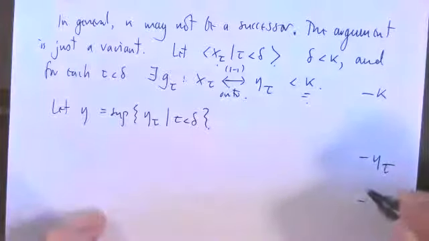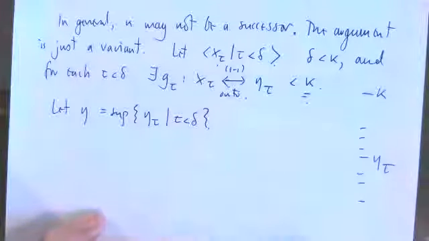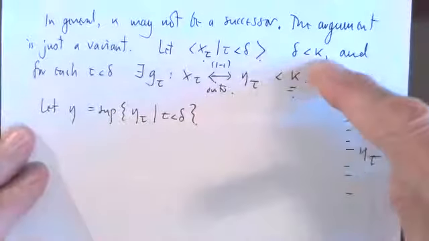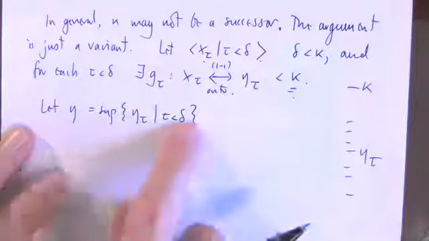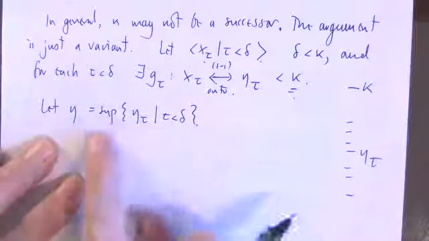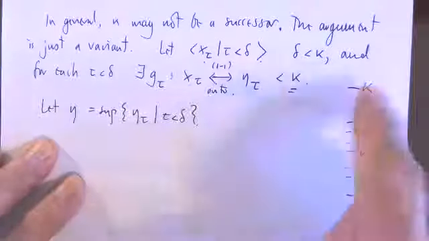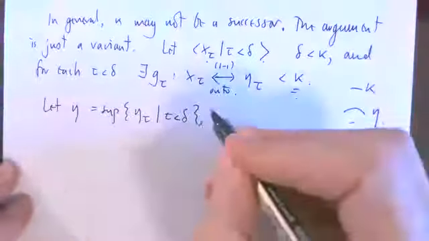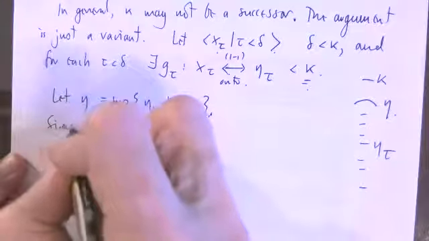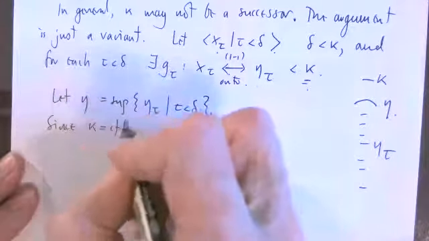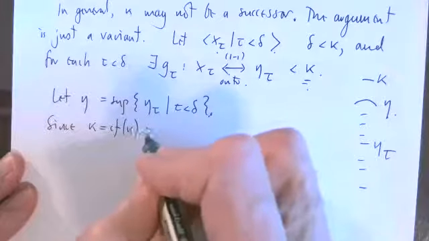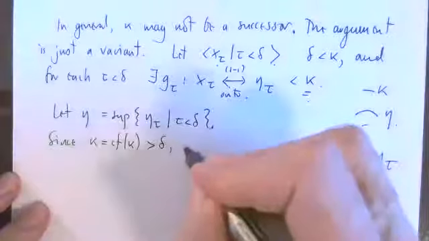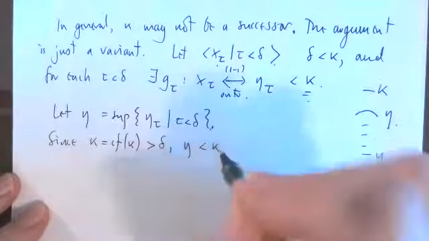So even if these were an increasing sequence of these eta taus, kappa's got cofinality kappa, not delta. So the supremum of these is less than kappa. So eta is here. Since kappa is the cofinality of kappa, which is bigger than delta, eta is less than kappa.